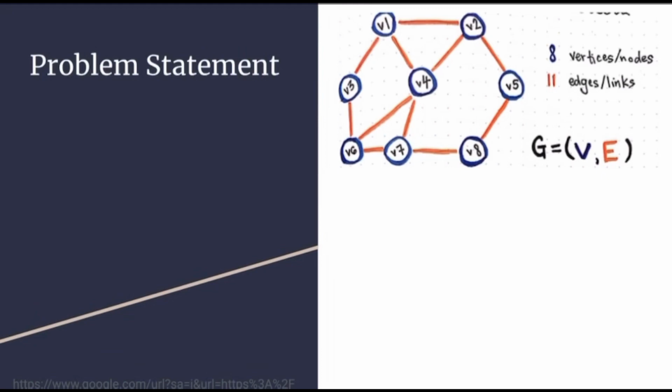So V3, V4, V5 is a maximal independent set for this graph. Similarly, V6, V1, V5 also make a maximal independent set. So for the maximal independent set, we don't have one unique solution. So we have to find this.